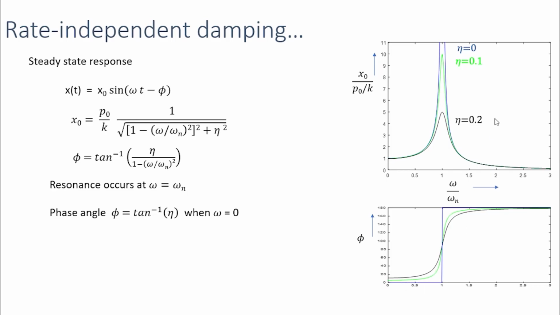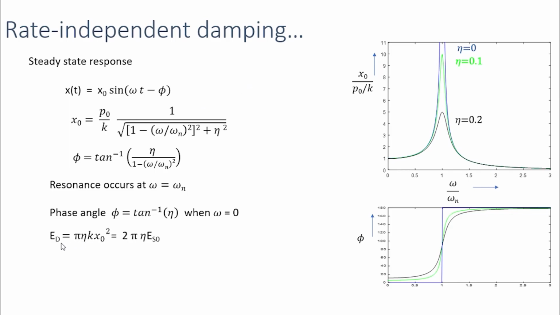The green curve is for eta equal to 0.1, and this black one is for eta equal to 0.2. As we have discussed, when the forcing frequency is 0, the phase angle is not equal to 0, but it is equal to the tan inverse eta value. So here when omega is 0, we have a non-zero value of phase angle. This is the property of this rate independent damping.